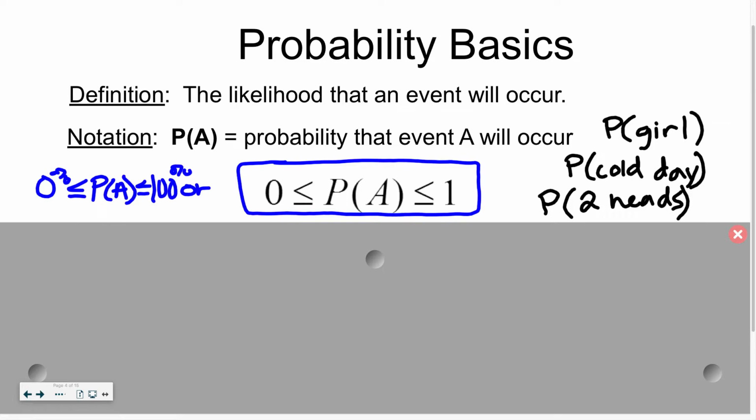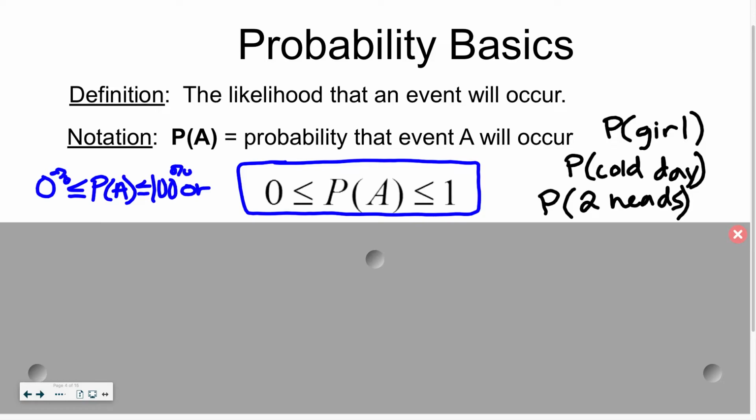If on a quiz or a test I ask you about the probability of an event, you should never accept a negative answer from your calculator. And you should never accept a ratio or a fraction or a decimal that's more than 1. You would be like, there is a problem, right?